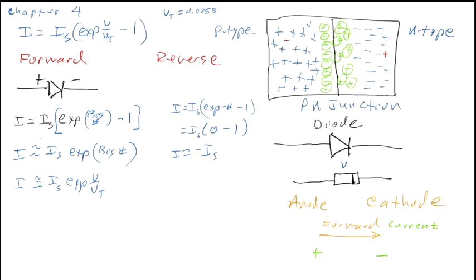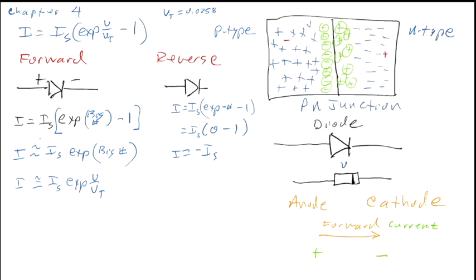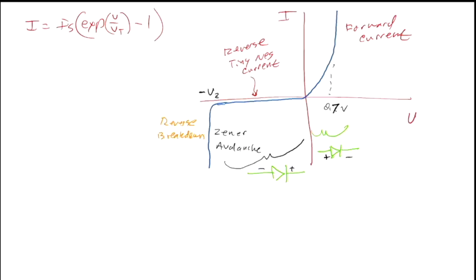Basically, for reverse bias, we quickly get the case where all we have is reverse current. It's a negative IS, the scale current, and we're in this part of the curve, and we don't usually worry about this.